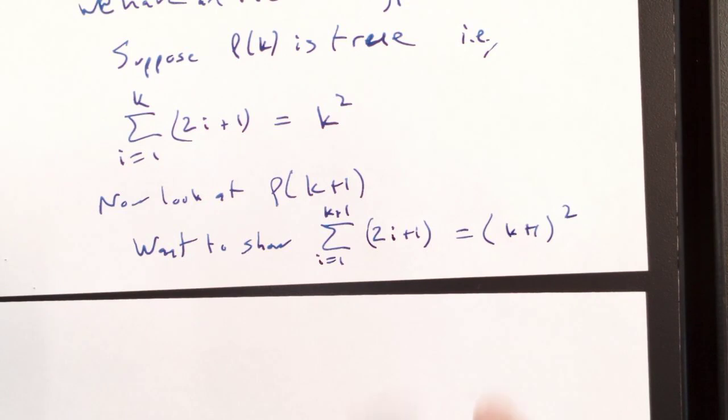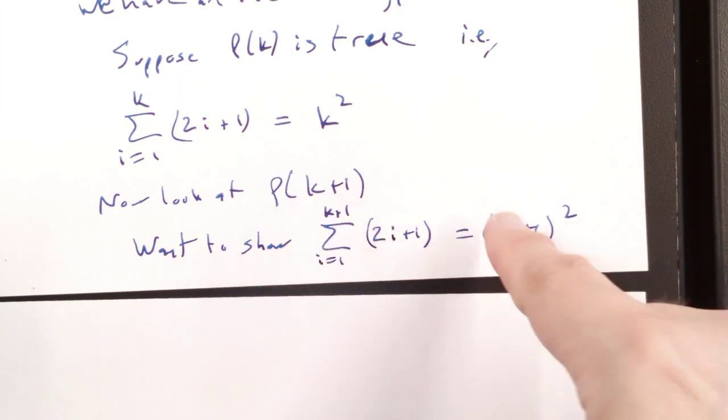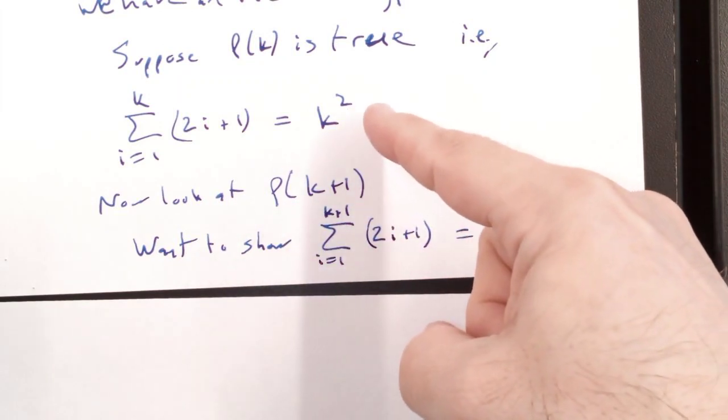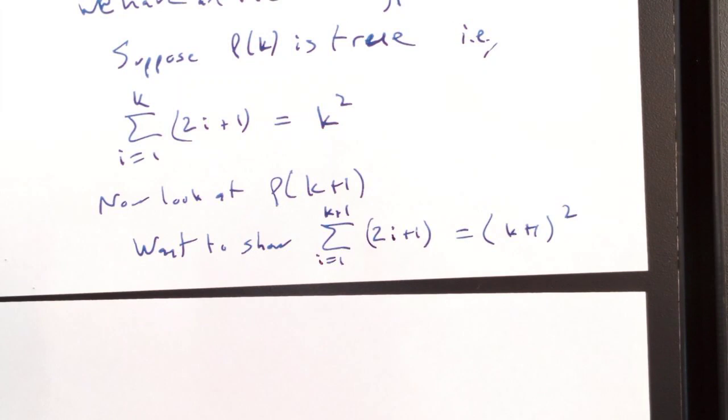Somewhere in the midst of all of this, I'm going to have to see this thing. So let me start on one side of that thing I want to show. Which is the uglier of those two sides, the left or the right? I'm pretty sure it's the left side. I'm adding up all this garbage, right?